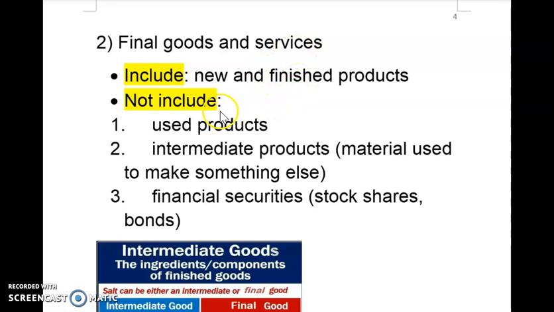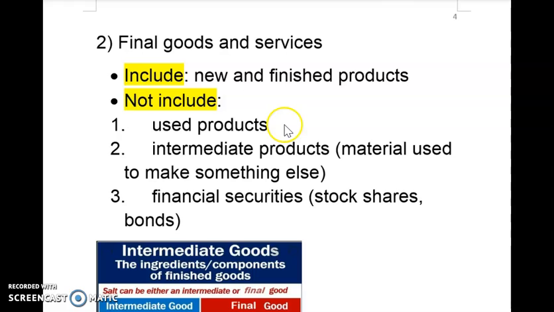Therefore, final goods and services do not include used products. Used products are goods that were produced before the year. For example, if we are calculating GDP for year 2020, this year, then all of the goods produced in 2019 are going to be counted as used products.